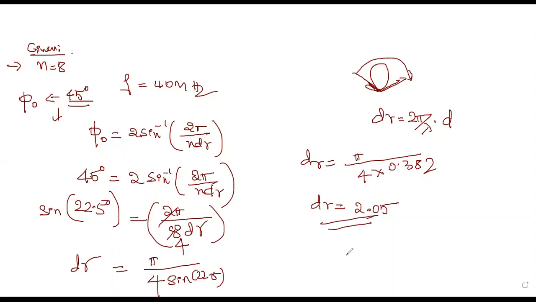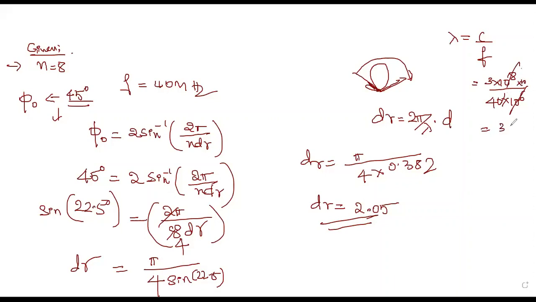But we need to calculate actually the distance. So to calculate the distance, frequency is given. First find out what is lambda. Lambda is c by f, the general equation with velocity of speed of light. That is 3 into 10 power 8. Frequency is 40 into 10 to the power 6. We will be remaining with one more 10.